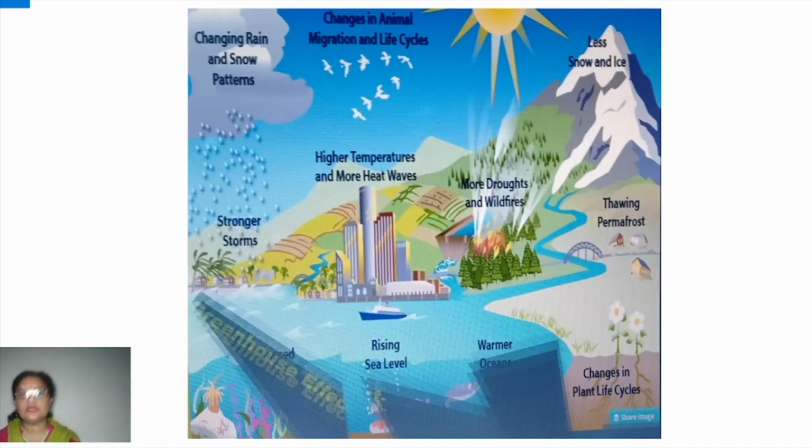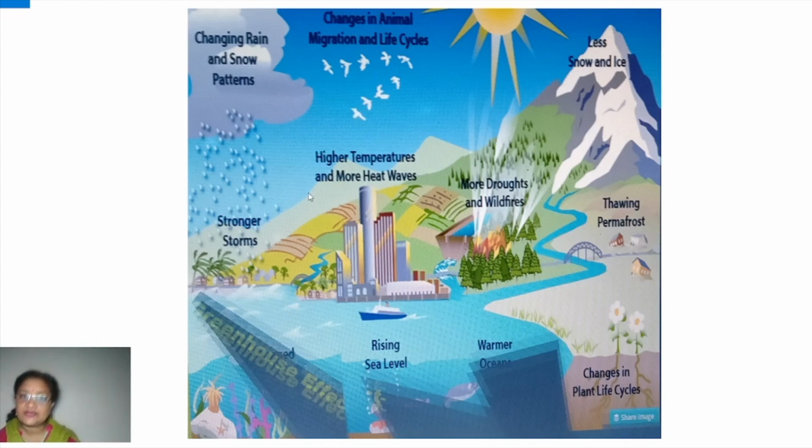Altogether, children, you can just see within one picture all these changes which are going to be the result of global warming. Over the peaks of the mountains, you can see less snow or ice will be there. Changes in animal migration and life cycles will be seen.